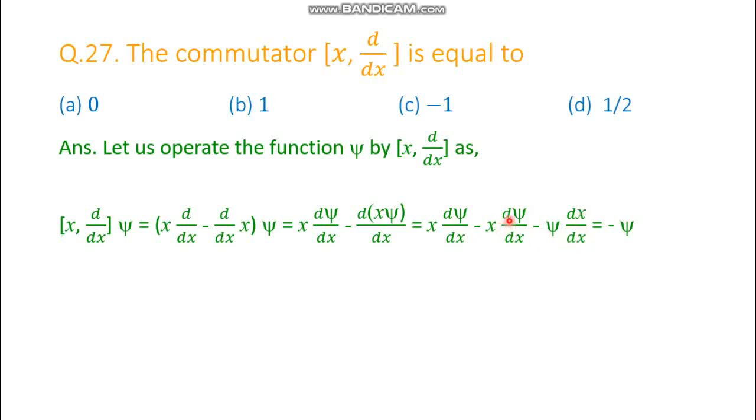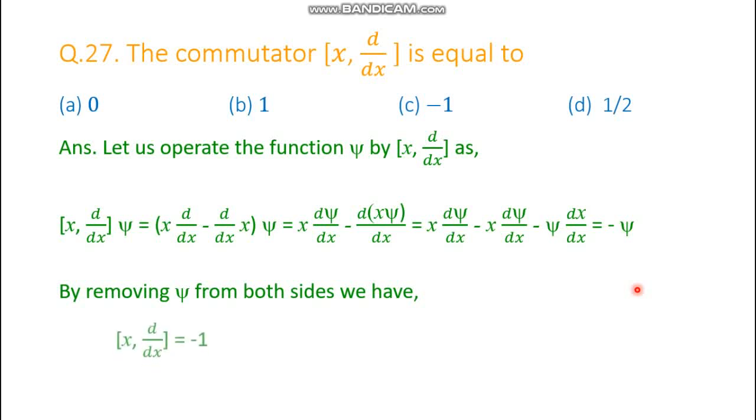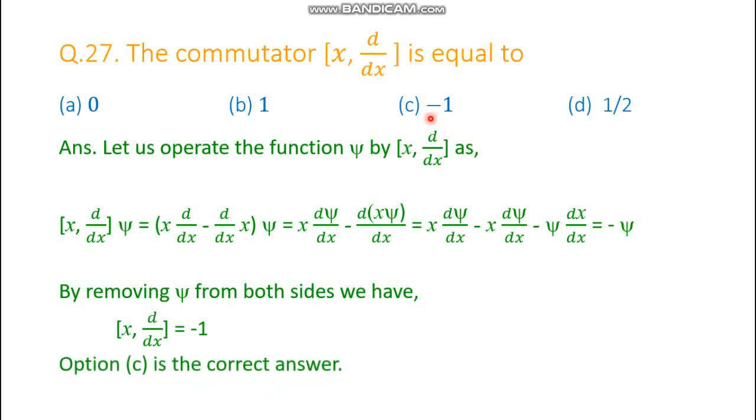So these two cancel each other, and dx over dx is actually 1. So minus psi into 1 equals minus psi only. Now if psi is removed from the left hand side as well as from the right hand side, then we get the value of this commutator as minus 1. So the correct answer is option C, which is the value minus 1.